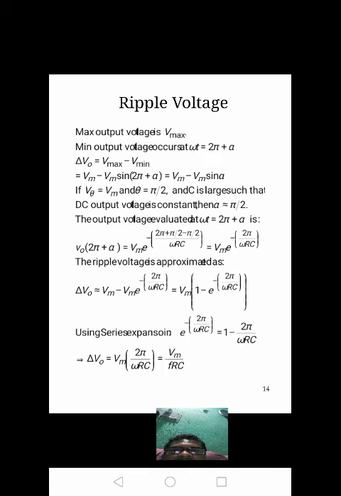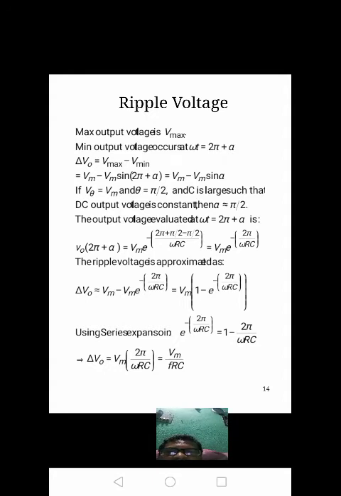Using series expansion, e power minus 2 pi by omega RC can be written as 1 minus 2 pi by omega RC. Delta V naught is equal to Vm into 2 pi by omega RC, that is equal to Vm by fRC.